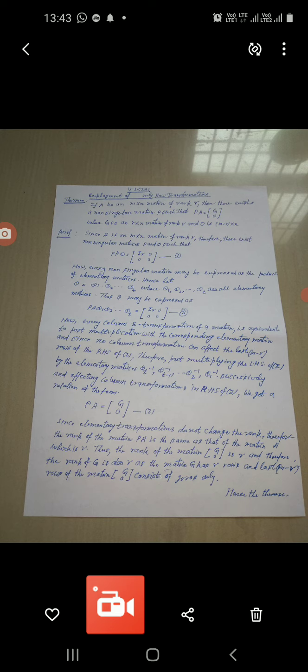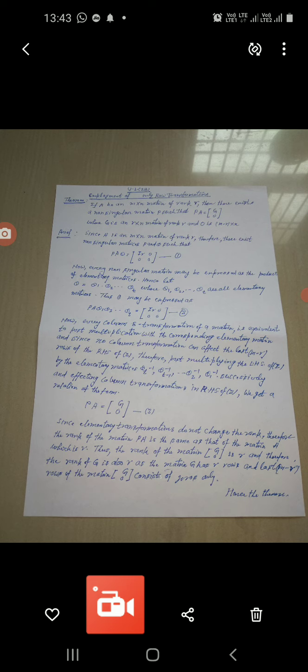Again performing R3 as R3 plus 2 R2, we get 1 0 0, 0 1 1, 0 0 0, and this is equal to 1 0 0, 1 by 2 minus 1 by 2 0, minus 2 minus 1 1, into A, and this is equal to 1 minus 1 minus 1, 0 1 0 and 0 0 1.